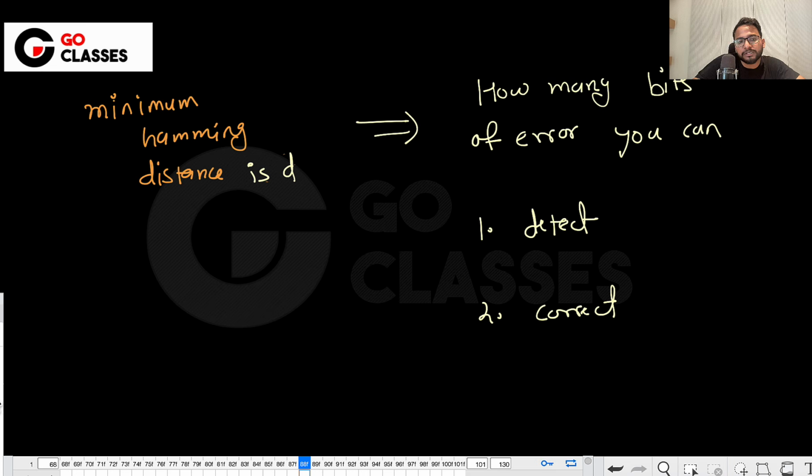So if the minimum Hamming distance is D, then D minus 1 is basically the number of invalids in between, right?